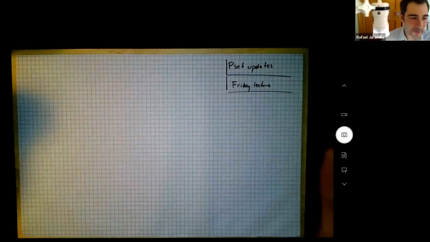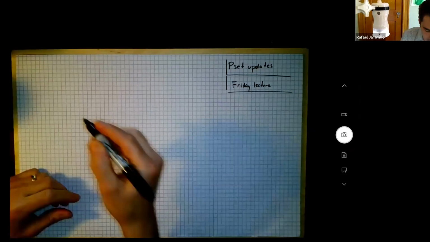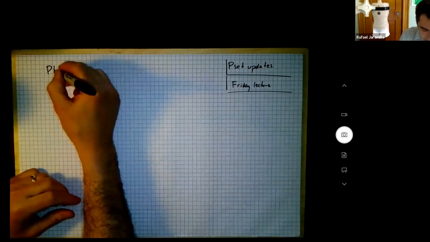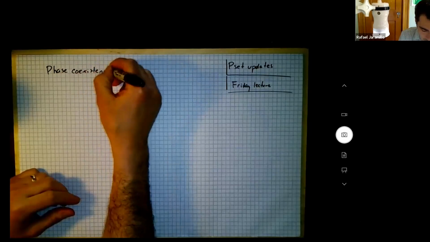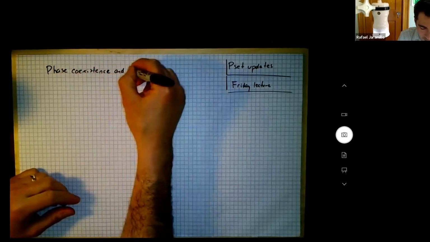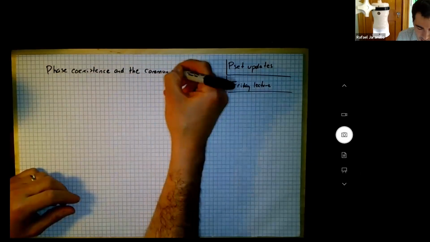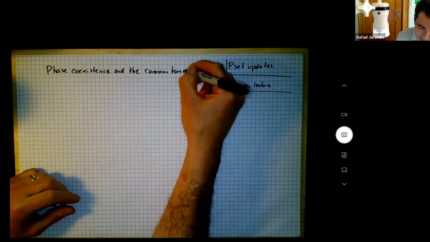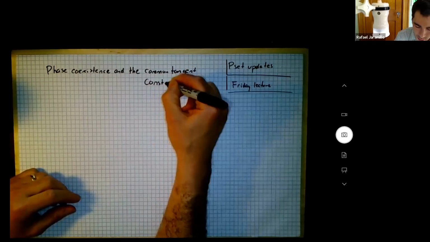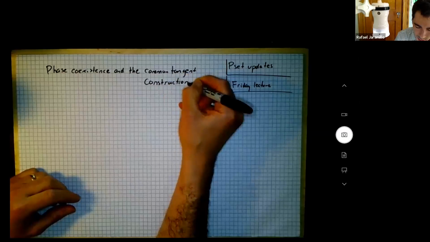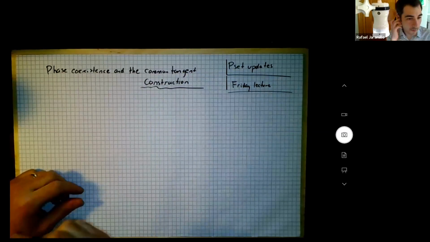So let's talk about phase coexistence and a common tangent construction. Okay, so what's the situation here? We have two phases.